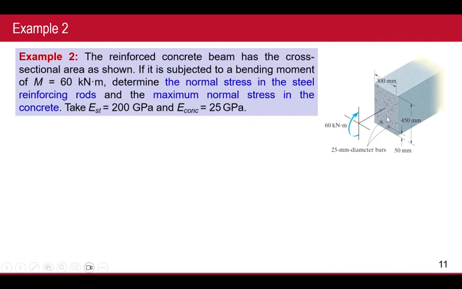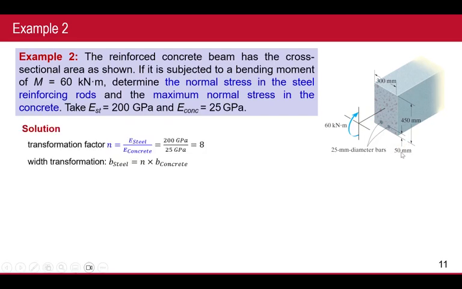Remember, as we mentioned, we must keep the same area. Because the steel bar is a circle, we must consider the area. Remember, we try to save material, so we go from the less stiff material to the stiffer material.